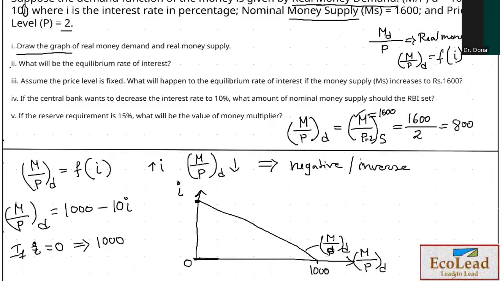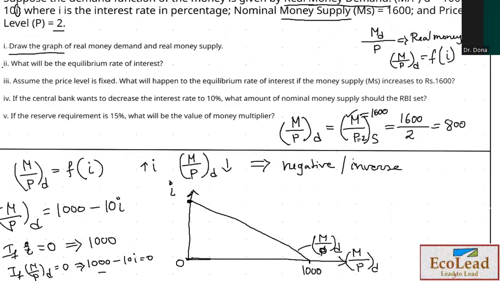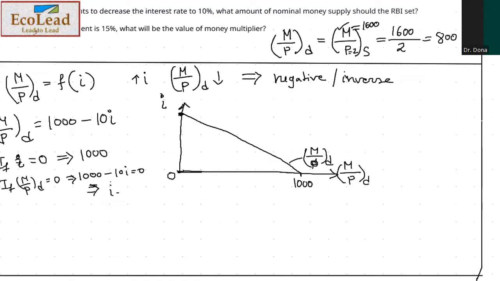If you look at the figure here, along the y-axis, the value of M/P d is always 0. So if I take the value of M/P d equal to 0, that means 1000 minus 10i will be equal to 0, or we can write it here as i equal to 100.